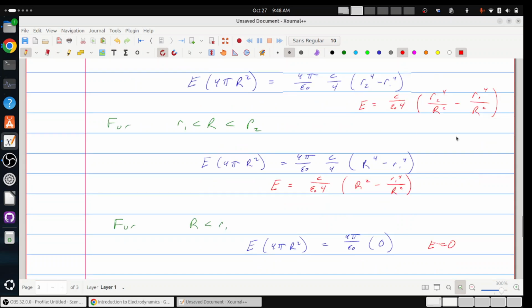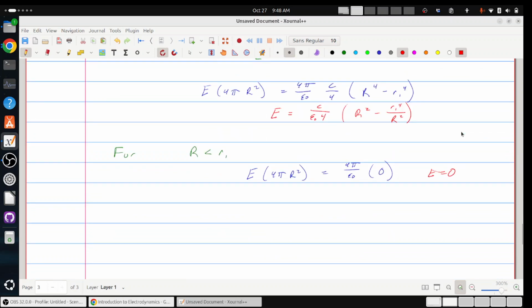Now initially this might look like, wait a minute, are our dimensions okay on all of this? And so I want to remind you in terms of our dimensions, rho has to be equal to some charge over some volume.